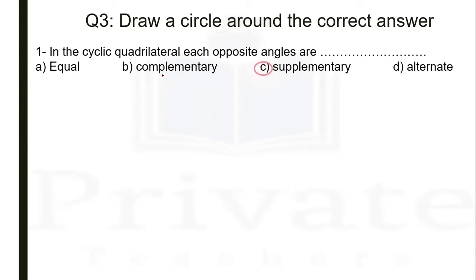Complementary means the sum of them is equal to 90. So in any cyclic quadrilateral, each pair of opposite angles are supplementary, the sum of them is 180.